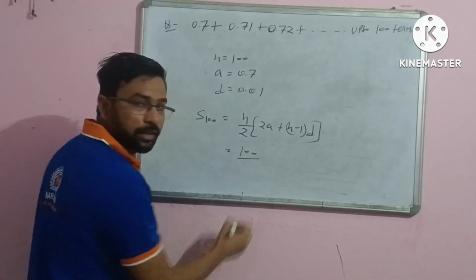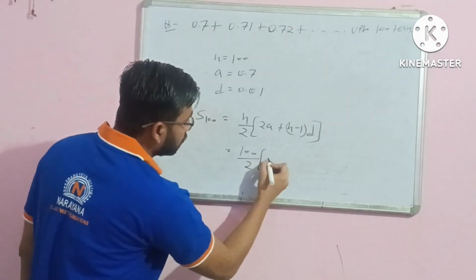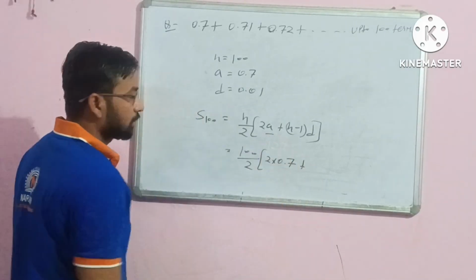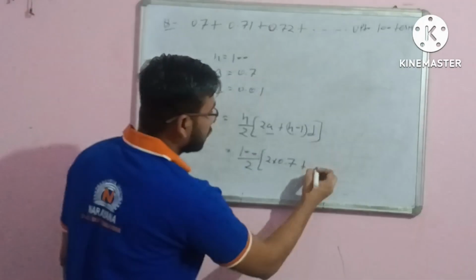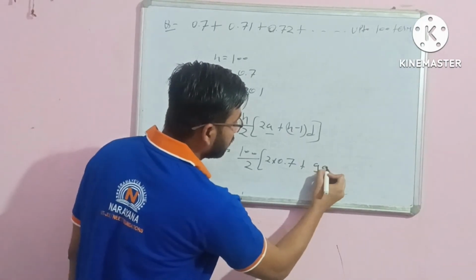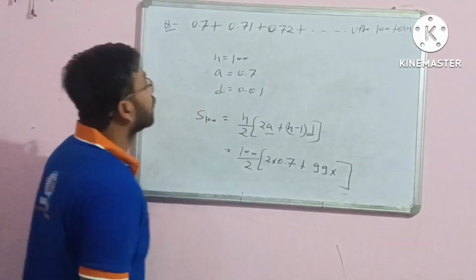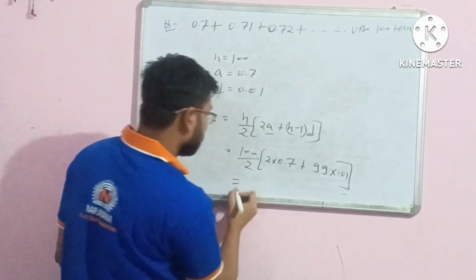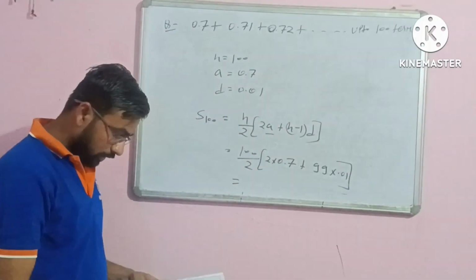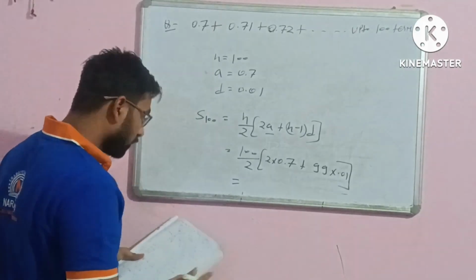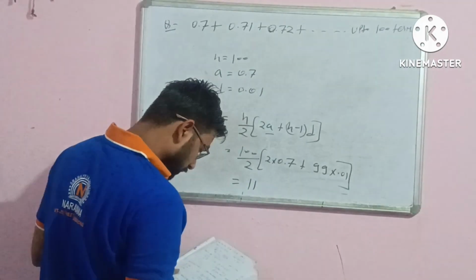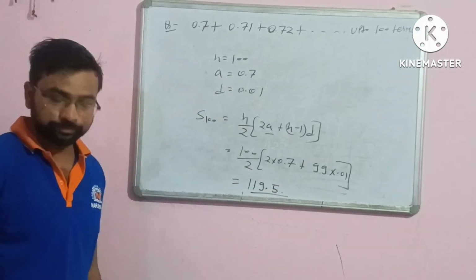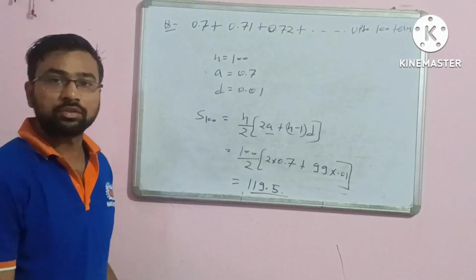And here n is 100, so 100 by 2 into (2 into 0.7, where a is the first term 0.7, and n minus 1 is 99 into d, and d is 0.01). After solving these values, we will get the answer 119.95. This is the answer of this question. Now we will solve the next question.